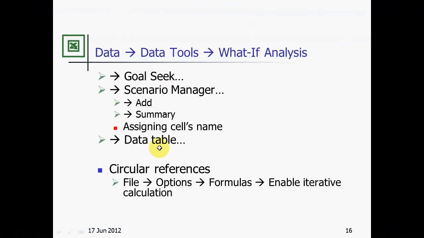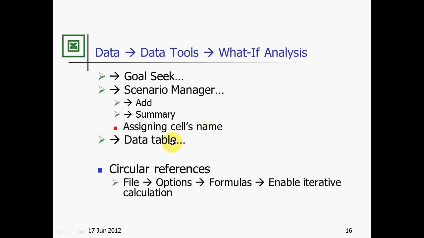Let's go to the last of these tools, the data table. Well, I would like to underline something. All these tools represent something that you could do manually, either with formulas, as the scenario manager can be done manually by changing the values using the formulas, or by trial and error, like goal seek.